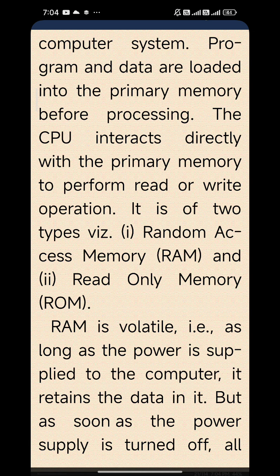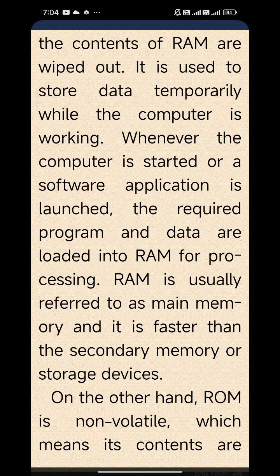Read only memory, ROM. RAM is volatile, that is, as long as the power is supplied to the computer, it retains the data in it. But as soon as the power supply is turned off, all the contents of RAM are wiped out. It is used to store data temporarily while the computer is working.